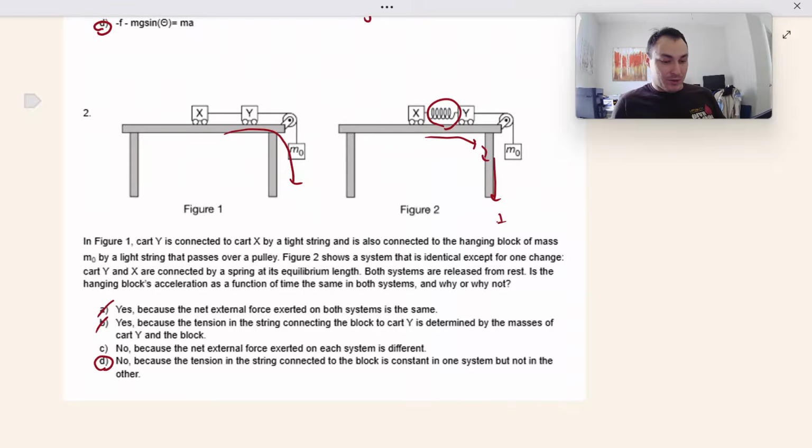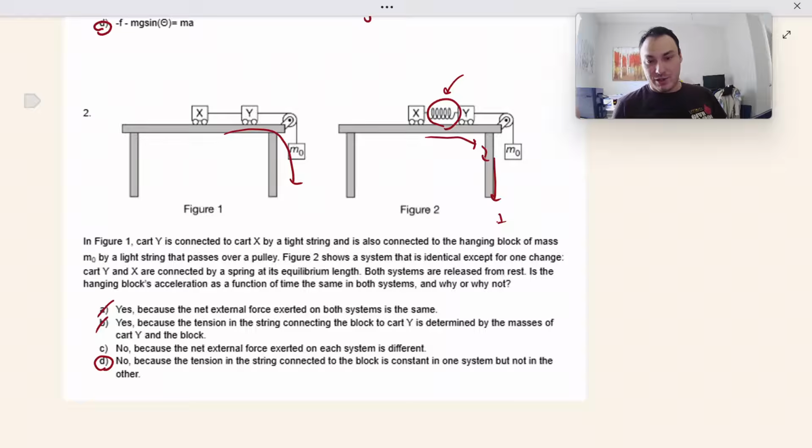The net force exerted on each system is the same, because if we look at all of these blocks as the system, all of the forces acting from outside the system are the same. The problem is that internal to the system, we have a force that's not constant, and that's going to cause the system to have fluctuations in acceleration.